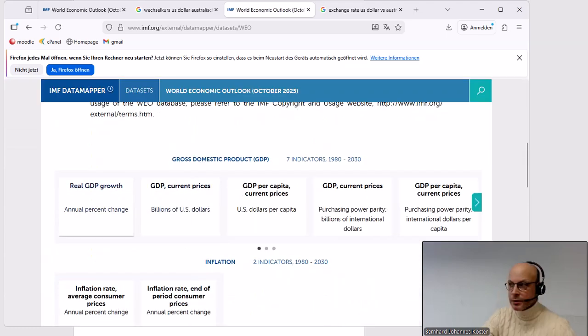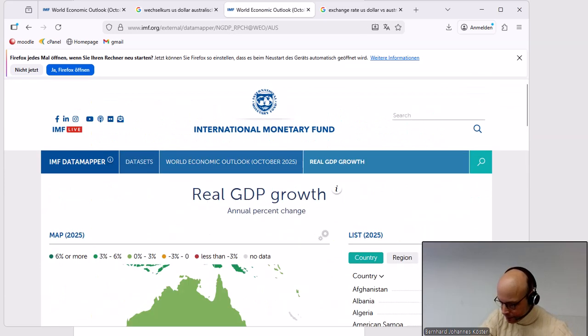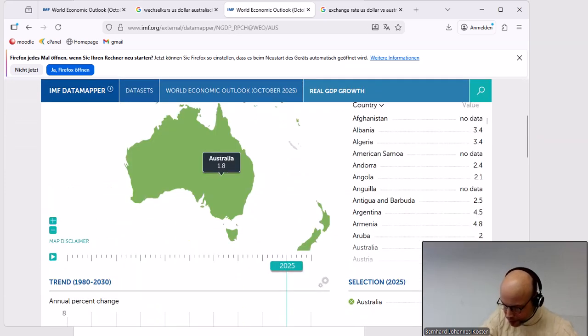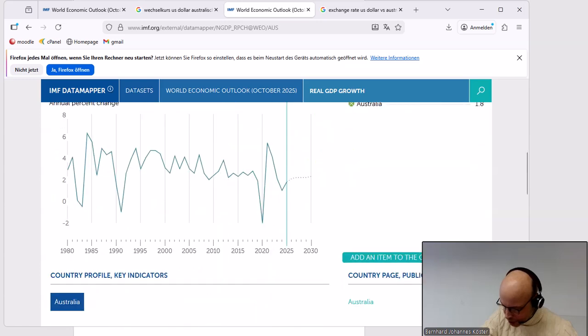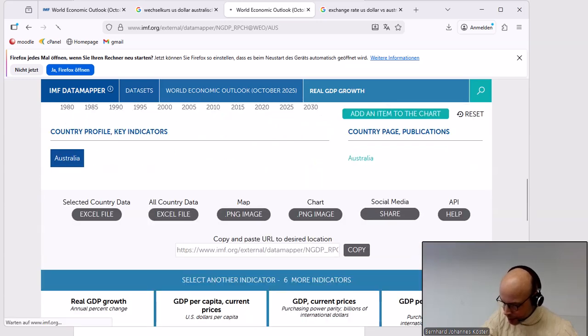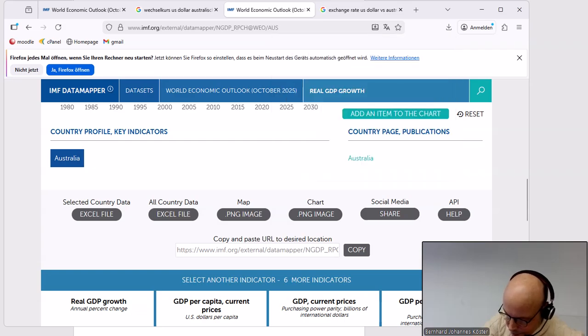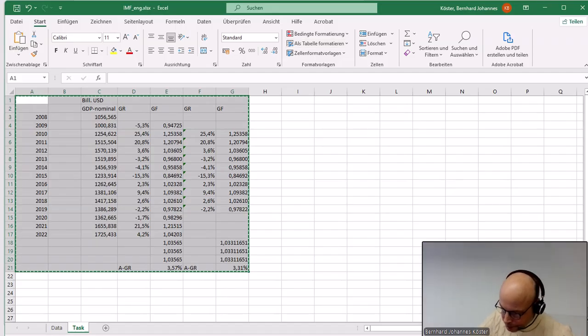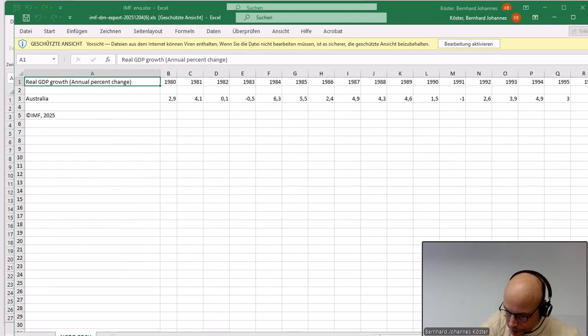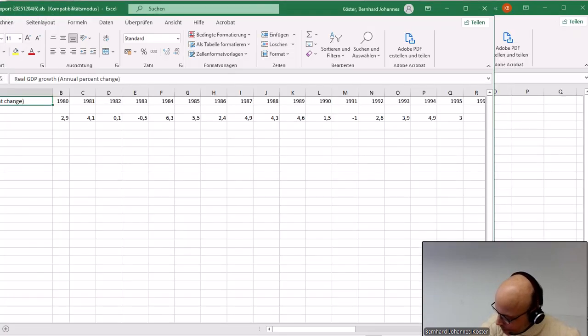Real GDP growth. Okay. Australia is already chosen. Download data. Here we are. Copy this data.